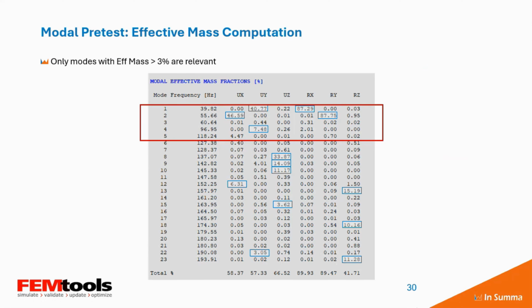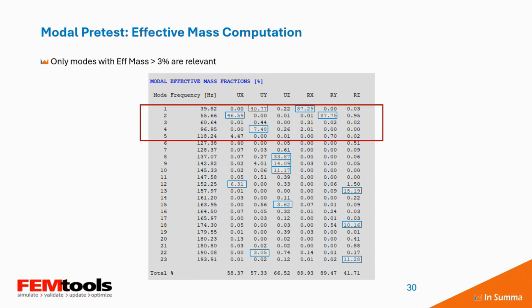So to recap from last time, we computed the effective mass, and this is important because we wanted to include the modes with the highest effective mass. In this case, it was decided, in communication with the customer, that the validation should be checked for the first 5 modes, which is up to 100 hertz, or 118, but this is the simulation.